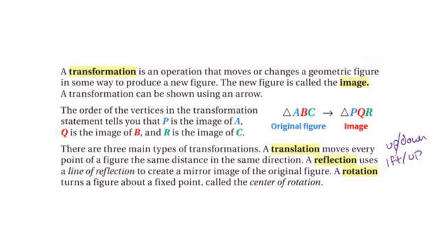And then we have a rotation, and a rotation turns a figure about a fixed point called the center of rotation. It's going to be very helpful to actually draw from wherever my center of rotation is. It's going to be helpful to draw all of the points, all the vertices of my figure, if this is a square, to my center of rotation.